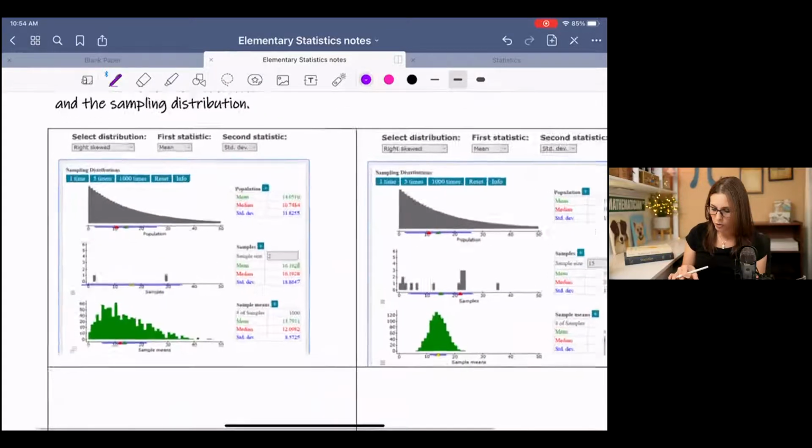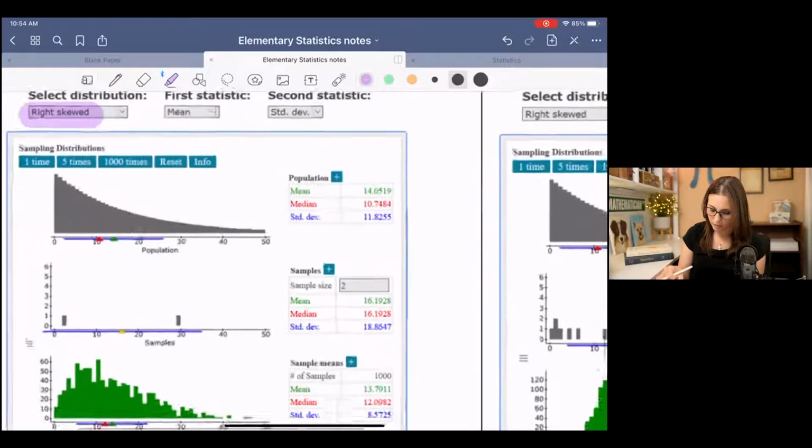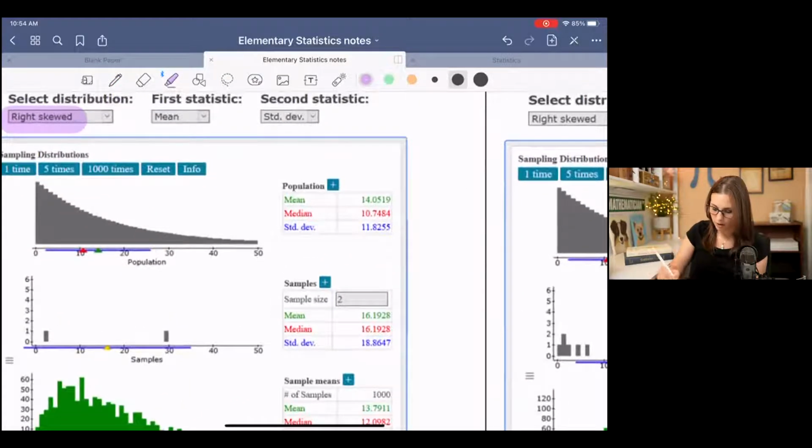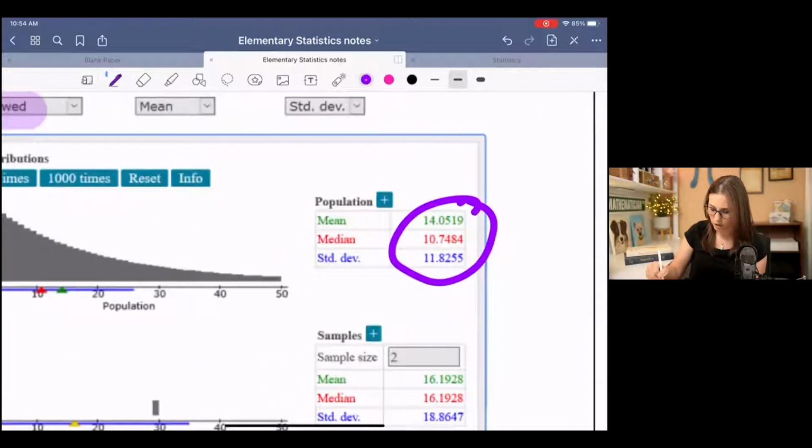In this first one, we have a distribution that started off right skewed. Remember, it's right skewed because it's got that right tail. I also want to show that we are starting with this information for the mean, median, and standard deviation. And so that's our original distribution.